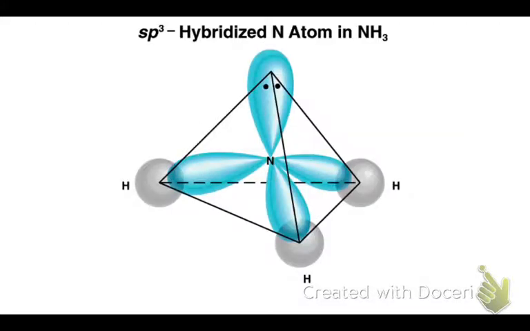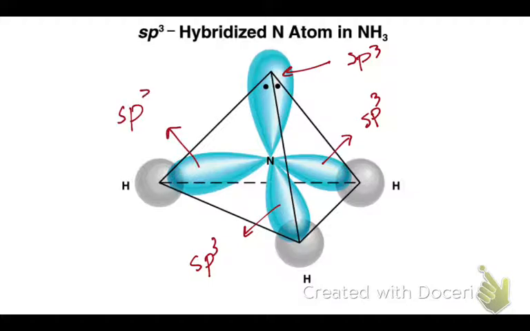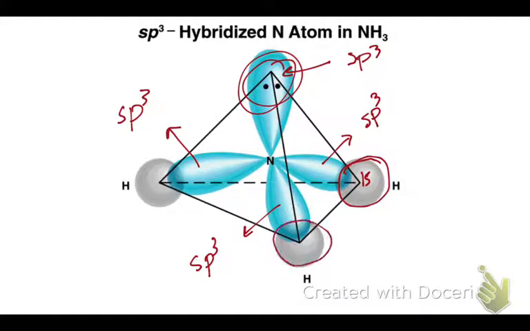Now let's look at the next. This is now ammonia. Each one of these blue orbitals is an sp3 orbital. This here is an sp3 orbital, this here is an sp3 orbital, and this here is an sp3 orbital, right? There are 4 orbitals. One of them has the lone pair. This one is making a covalent bond with a 1s of hydrogen, and another covalent bond with another 1s from the hydrogen, and another covalent bond with 1s of the hydrogen.